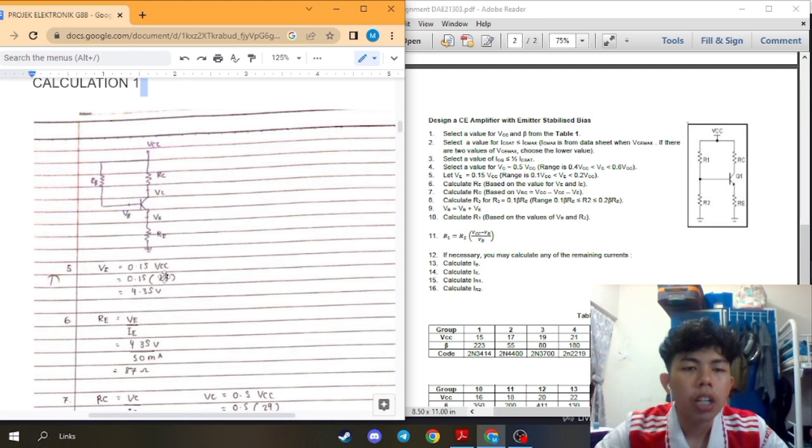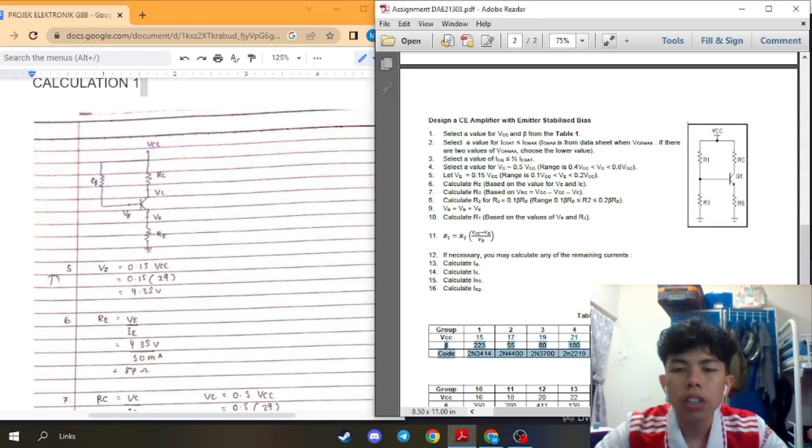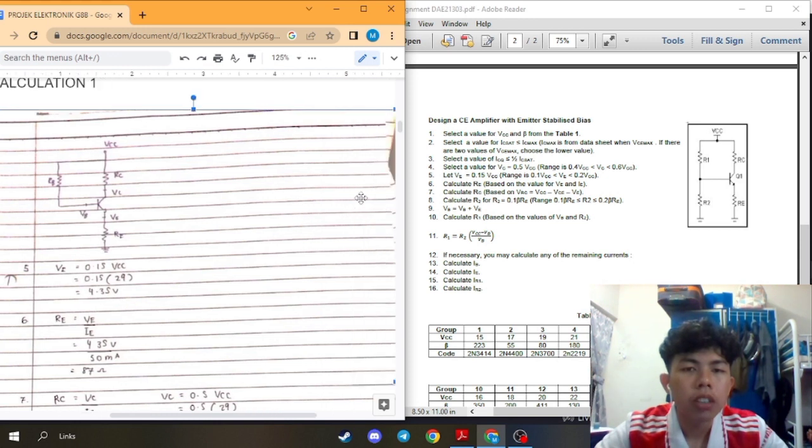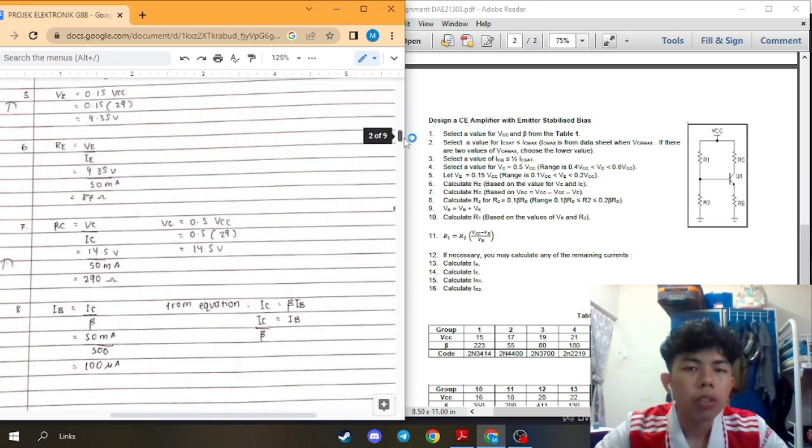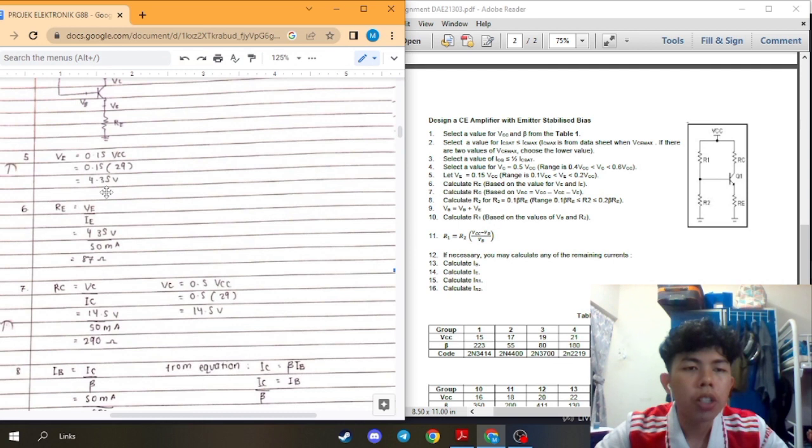VCC 29 we get from this table, because we are group 8, so our VCC is 29. So this is our value, 4.35 volt. Number 6, RE equal VE over IE.